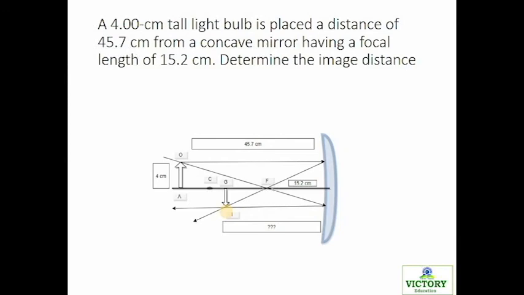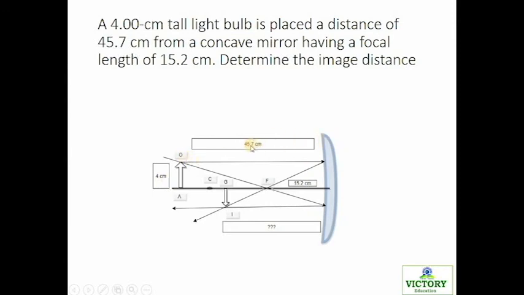So what they say: a 4 centimeter tall tube bulb is placed at a distance of 45.7 centimeter from a convex mirror having a focal length of 15.2 centimeter. Determine the image distance. So what we know is the object height is 4 centimeter and the distance between the object and the mirror is 45.7 centimeter.